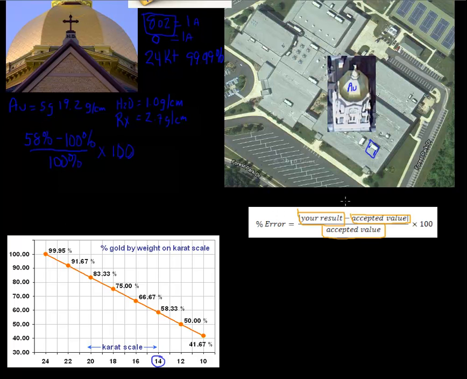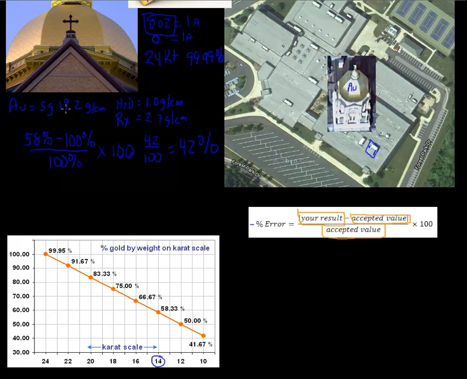So every number that comes out of here, regardless if you've got a negative number or a positive number, it's an absolute value. It's always going to be a positive percent error. I may have you actually tell me if it's a positive or a negative, but normally percent error is regardless of sign. So this is just going to be 42 over 100, which we all know is 42%.